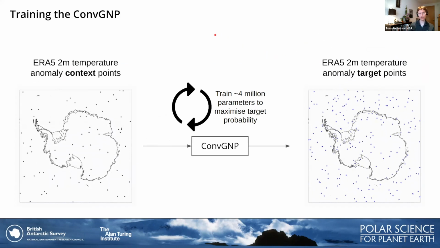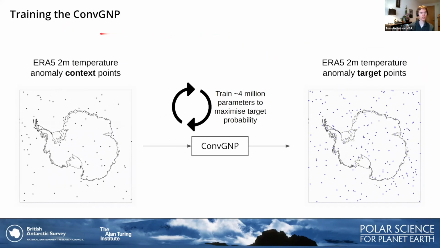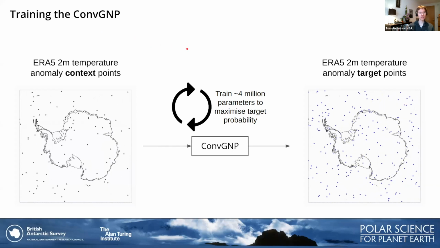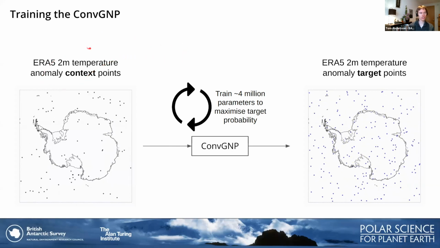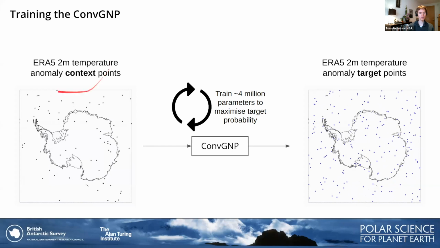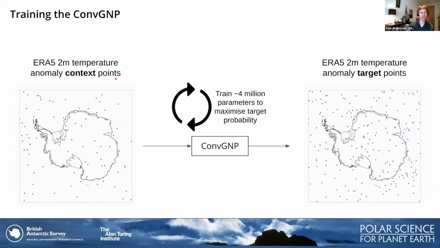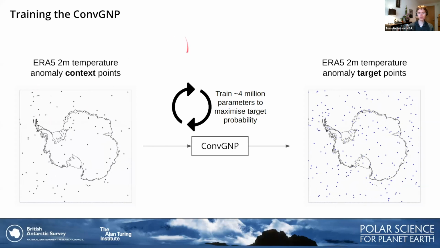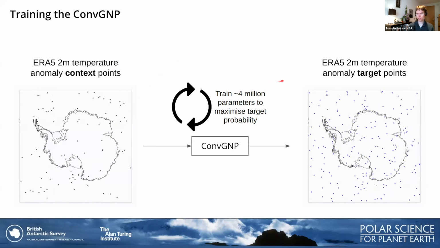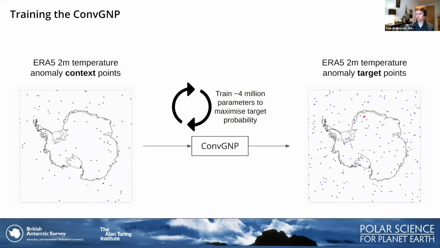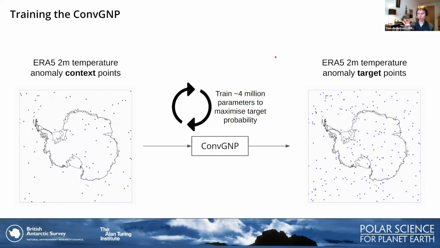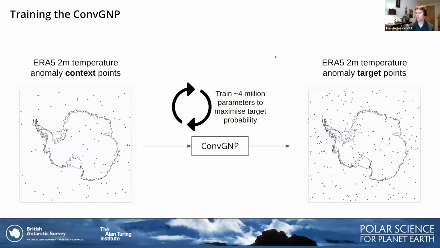Now, the way we're going to train this novel machine learning model is using ERA5 2-meter temperature. And we're going to randomly generate context points, remember the input observations, which are shown on the left here. We're going to pass them into the model and make the ConvGMP predict at target points that are also randomly scattered across space.